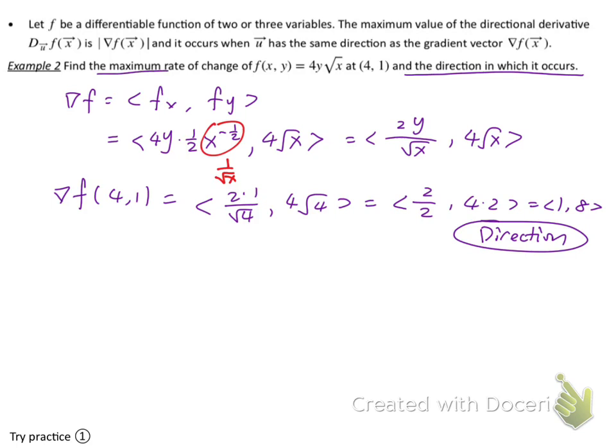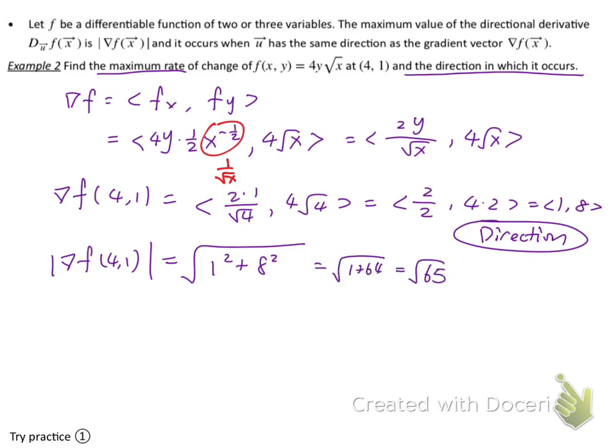And then the maximum rate of change is the length of our gradient vector, which is the square root of 1 squared plus 8 squared. So this is 1 plus 64, square root of 65. Okay, now you can pause the video and try practice number 1.